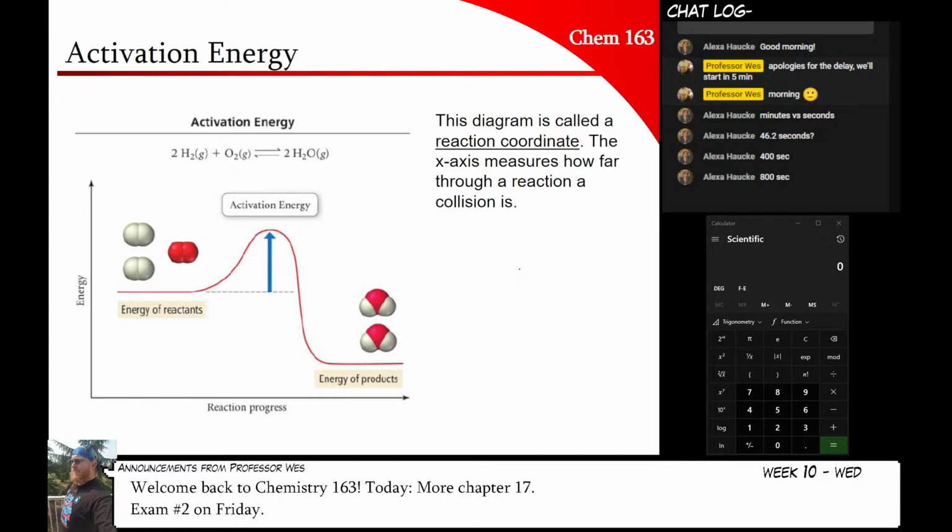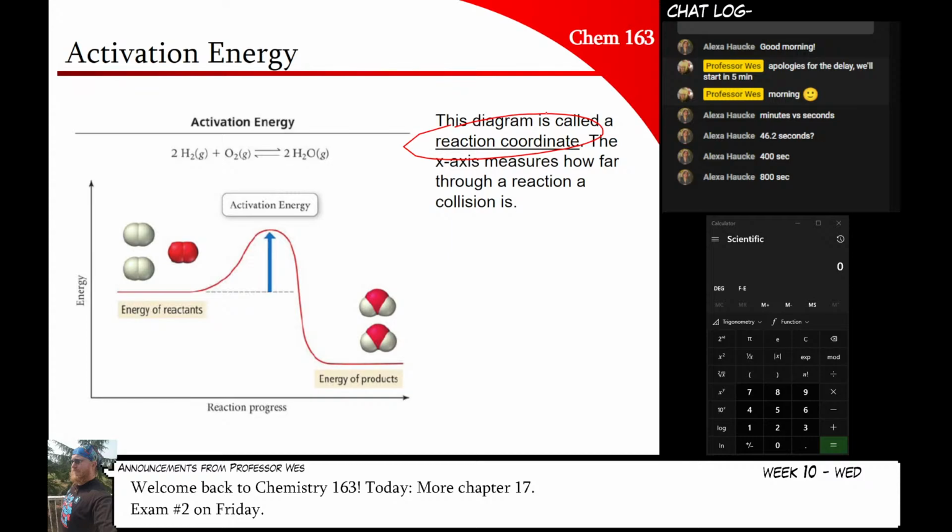this is an energy diagram. An energy diagram plots the energy of reactants versus products, and it draws a sort of path in terms of energy from being a reactant to being a product. Another term that you'll hear for this is reaction coordinate.